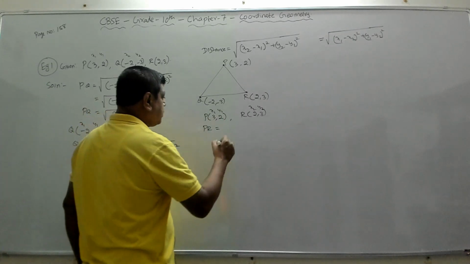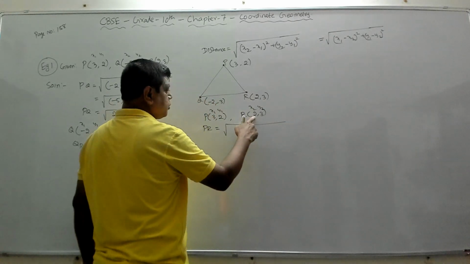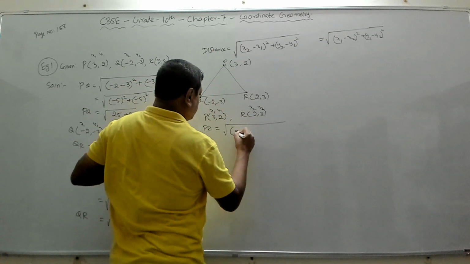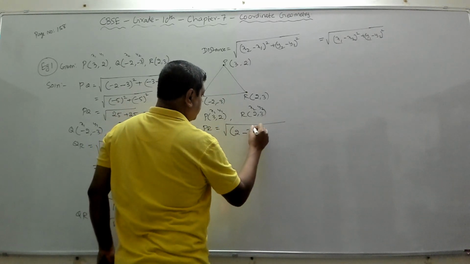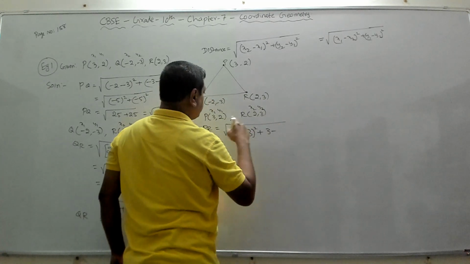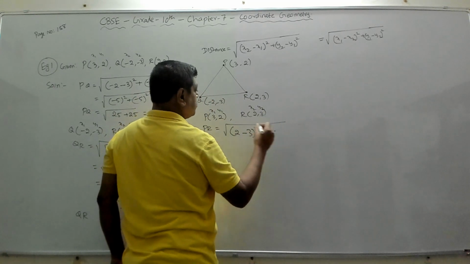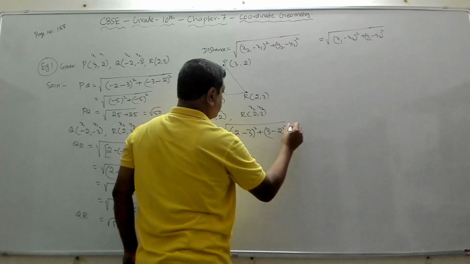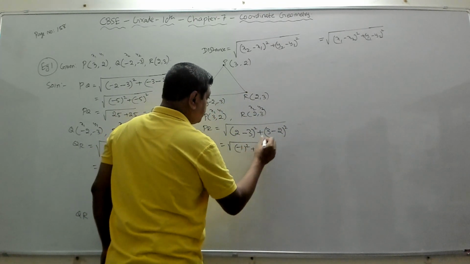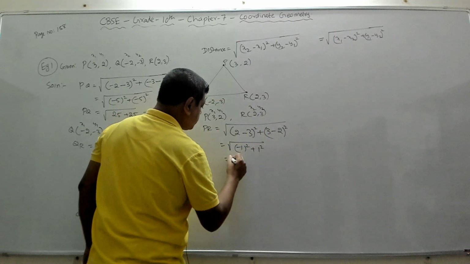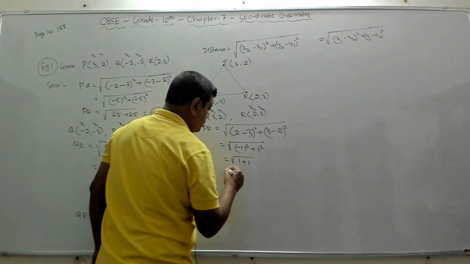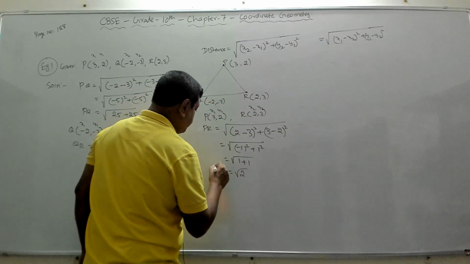So now that is square root of x2 minus x1, the whole square, so x2 is 2 minus x1 is 3, the whole square, plus y2 is 3 minus y1, y1 is 2, the whole square. So that gives you square root of 2 minus 3 is minus 1 square, plus 3 minus 2 is 1 square. So you get square root of minus 1 the whole square is 1 plus 1, which is square root of 2, which is your PR.